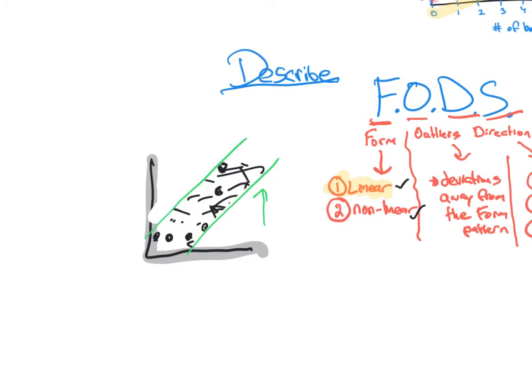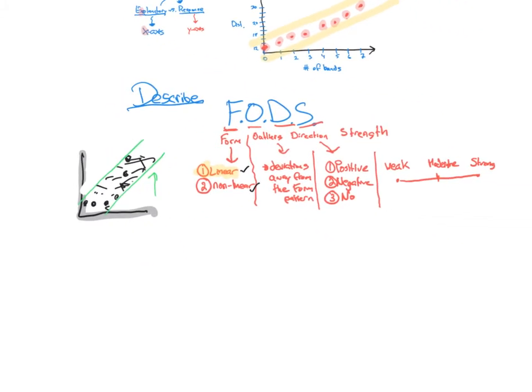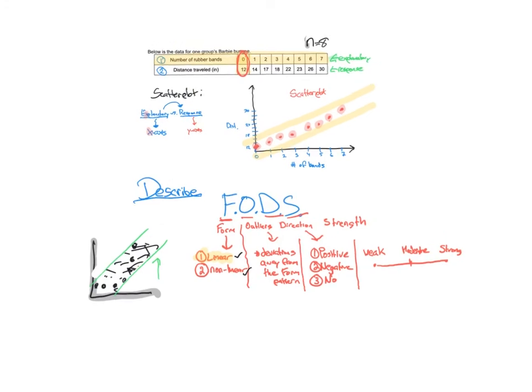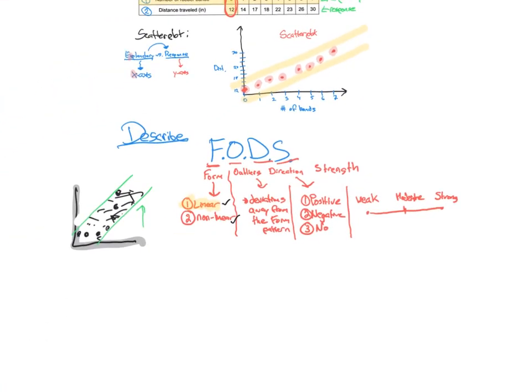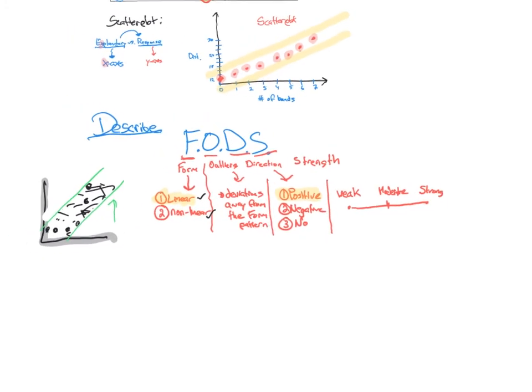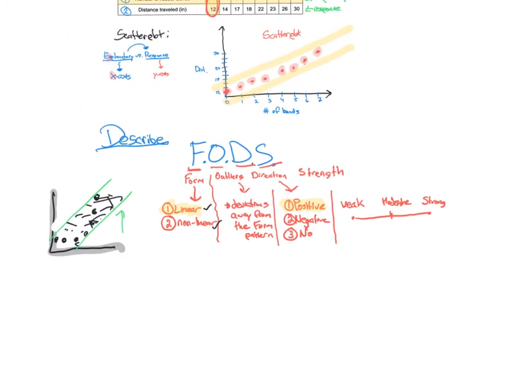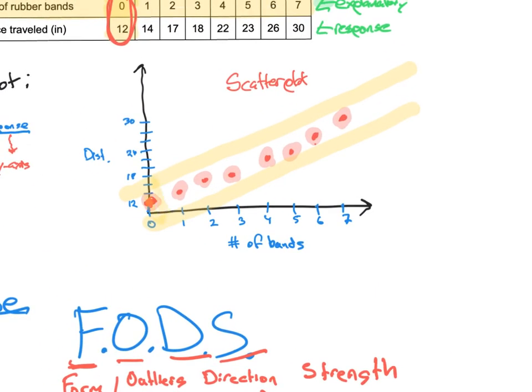If it looks like it's falling, it's going to be negative direction, or no direction. So let's go back up to this one. That's definitely a positive direction, right? So it is moving in a positive direction. That's what we're going to call it. And then finally, strength. This is how tight my points are to the form that I'm giving it. On this one right here, these are all a fairly good linear pattern, right?